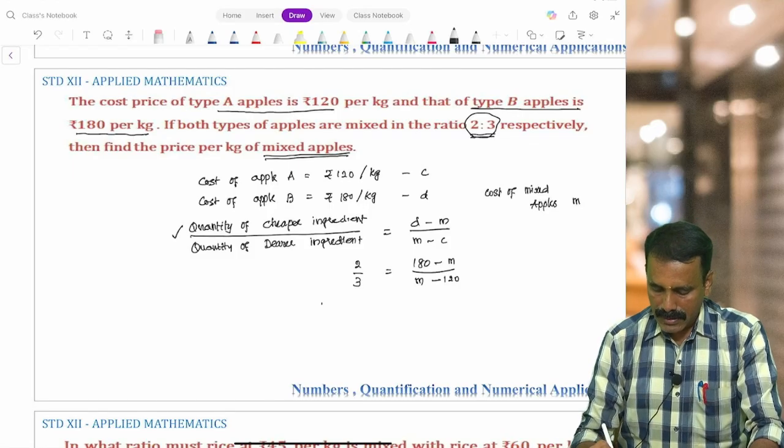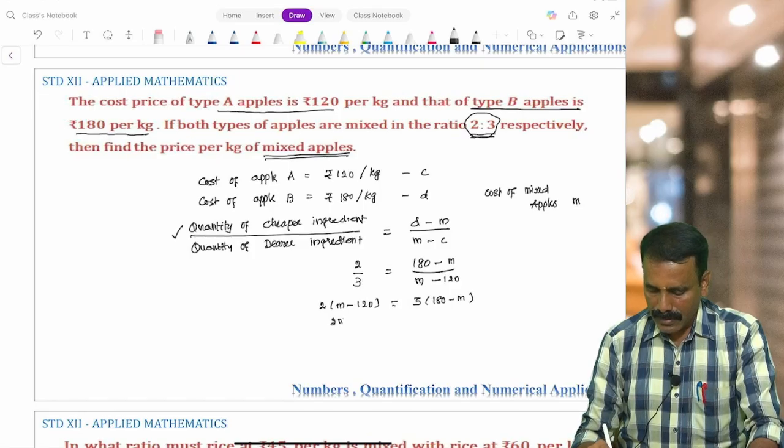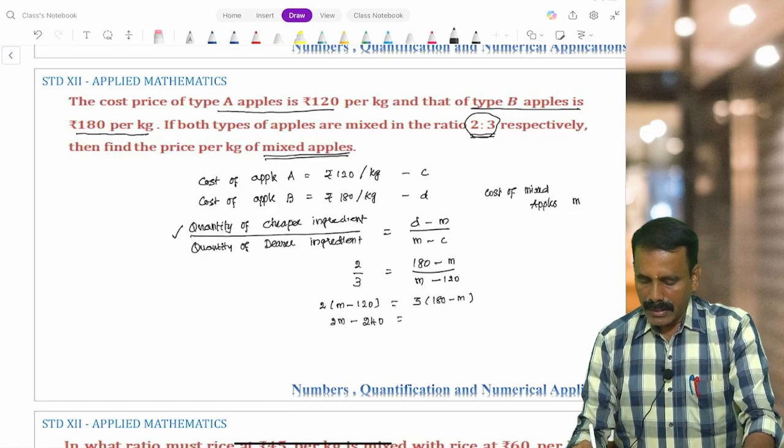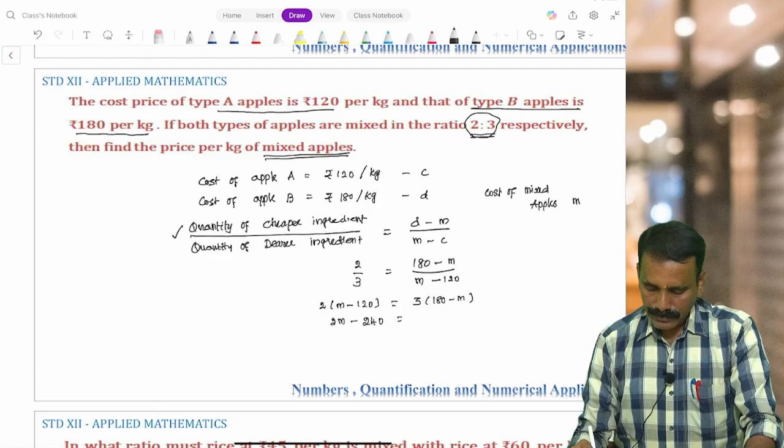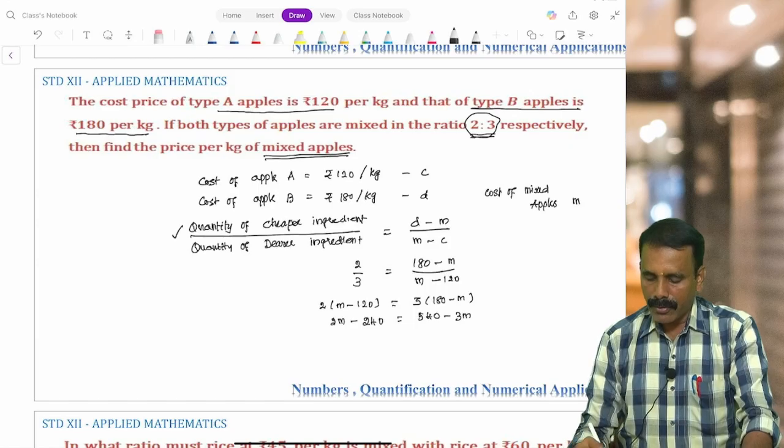So it is twice M minus 120 is equal to thrice 180 minus M. We multiply: 2M minus 2 into 120 is 240 is equal to 3 into 180, 540 minus 3M, and we group the like terms.